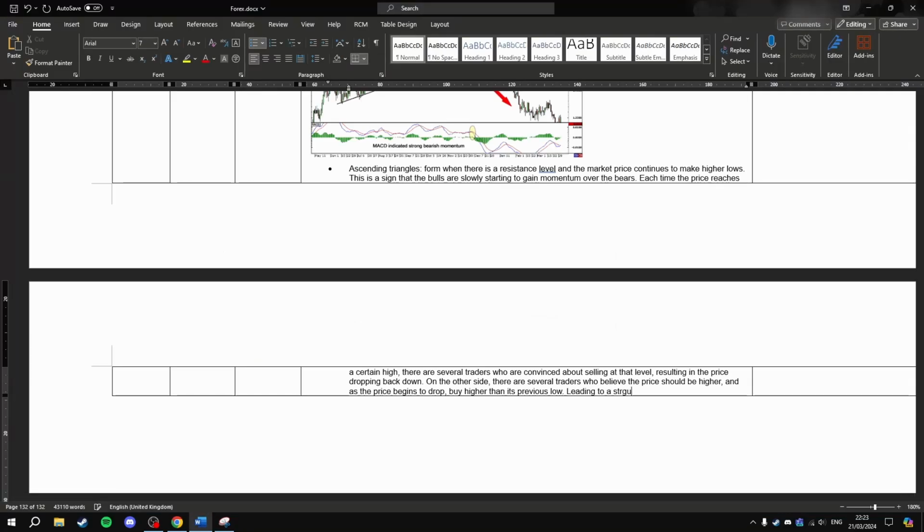Leading to a struggle between the bulls and the bears.